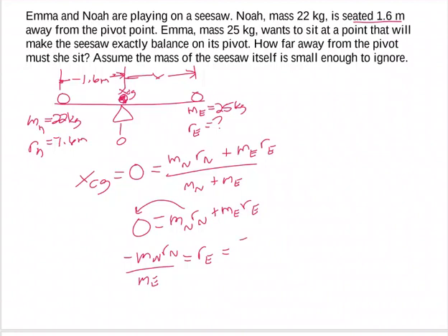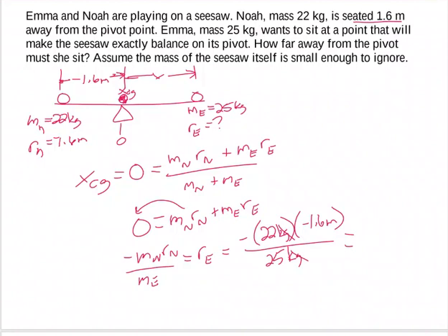So we have negative, now mass of Noah, 22. Radius of Noah, negative 1.6. Now divide by mass of Emma, 25. Notice that the kilograms are dividing out, so we're left with just meters. Negative times negative is positive, so this whole answer will be positive.